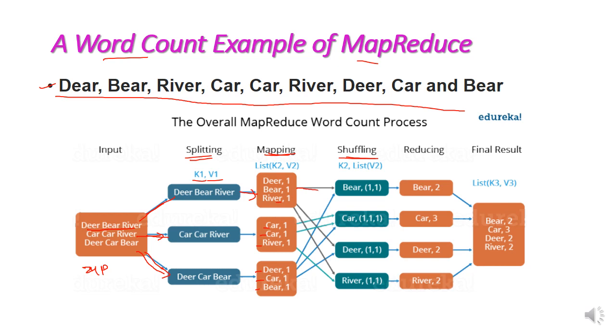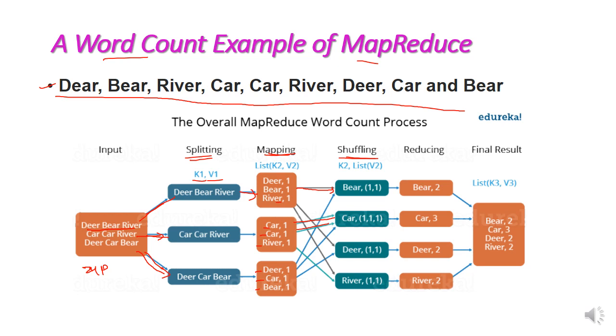That is, how many bears do we have overall? Only one bear here. For car, we have 2 cars from this group, and for deer, one deer from here and another deer from here. And for river, one is here and another one is here.